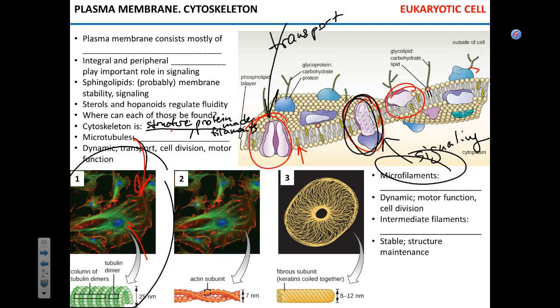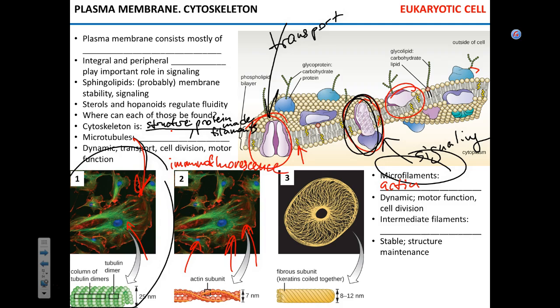Now, microfilaments are made of the protein called actin. You can see actin here, microfilaments, red. By the way, both of those pictures are examples of the technique called immunofluorescence that we talked about already.